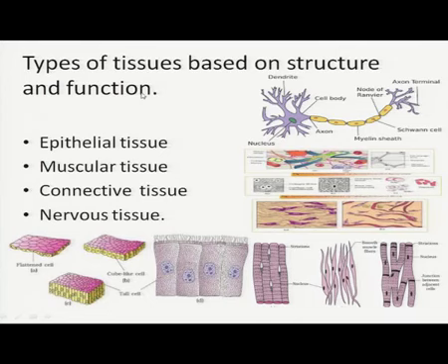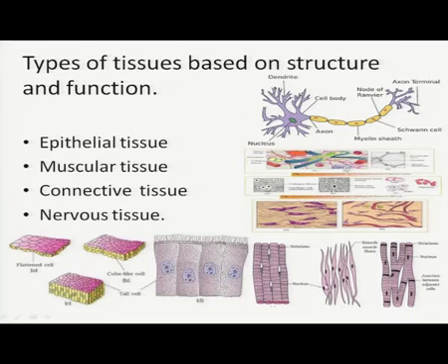How can you classify, group, or categorize the tissues based on their structure as well as function? Here you can see so many different diagrams of tissues. First, the epithelial tissues, different types of epithelial tissues.